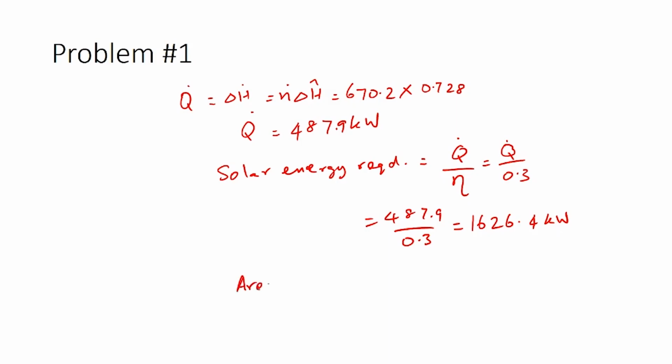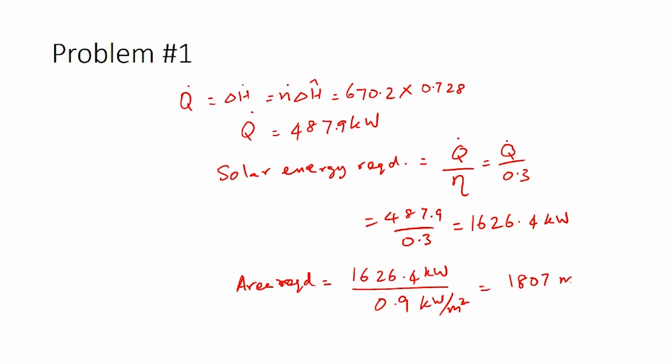So, area required would be equal to the amount of solar energy required, which is 1626.4 kilowatts, divided by 0.9 kilowatts per meter squared. This would give us the area required as 1807 meter squared.